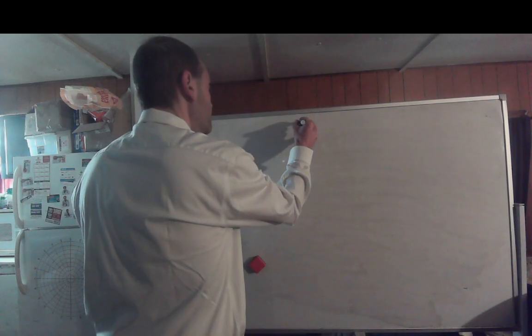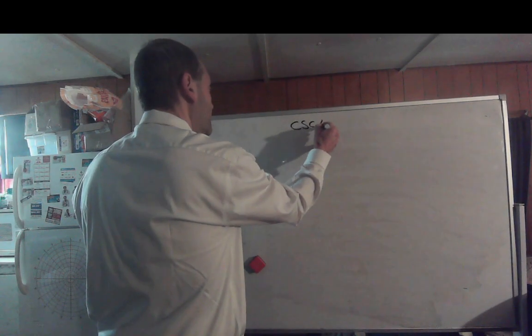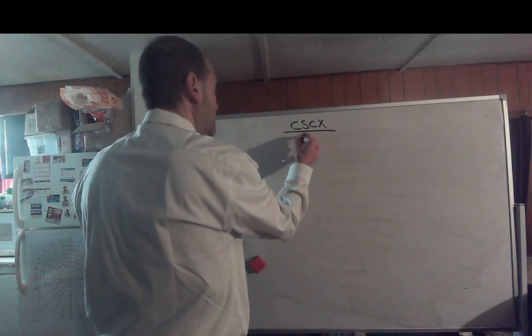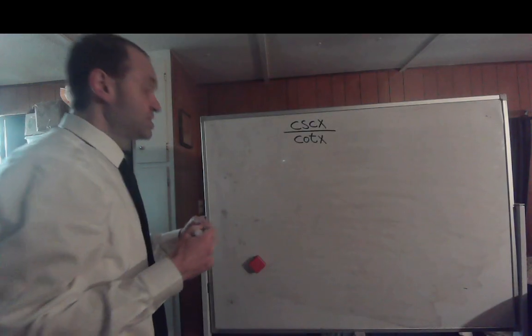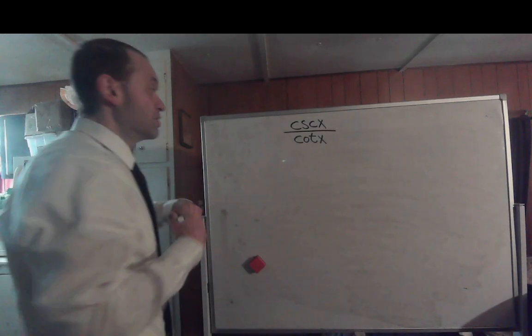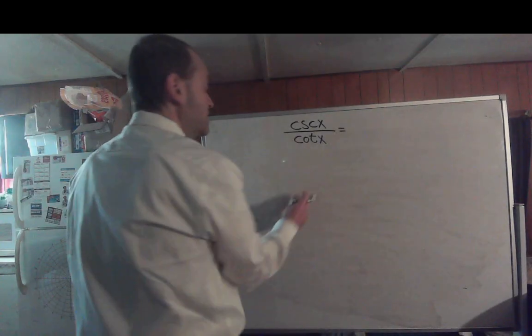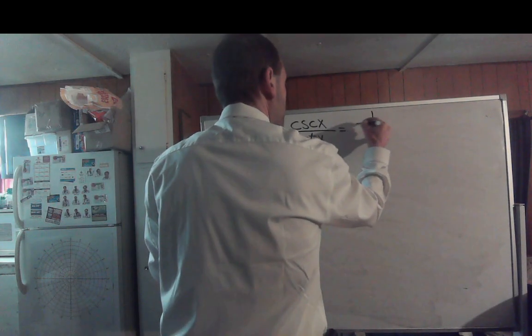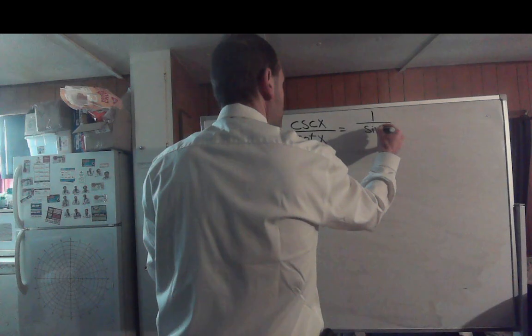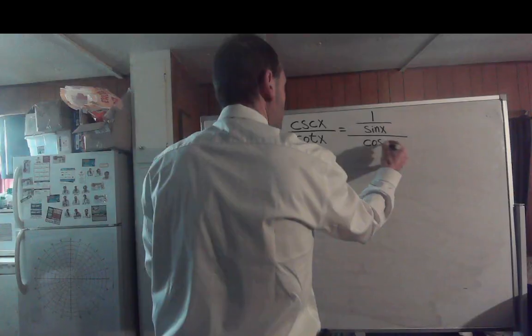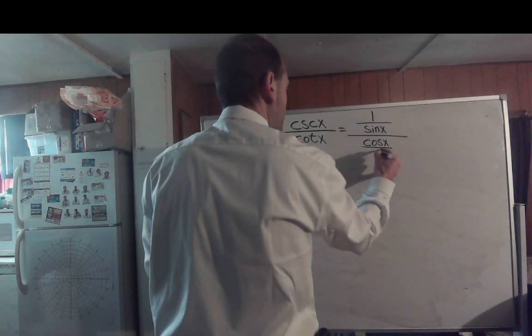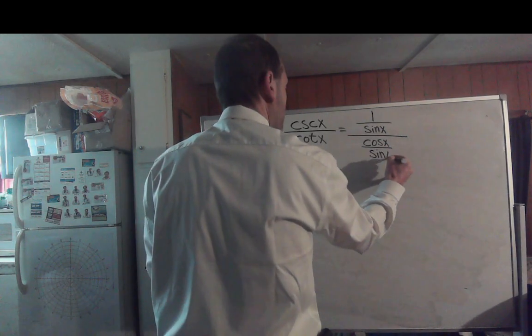Alright, we have the cosecant of x divided by the cotangent of x. Well, this is the same as 1 divided by the sine of x all over the cosine of x divided by the sine of x. So we end up with a complex fraction.